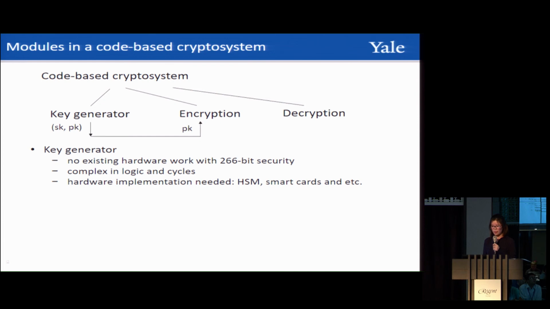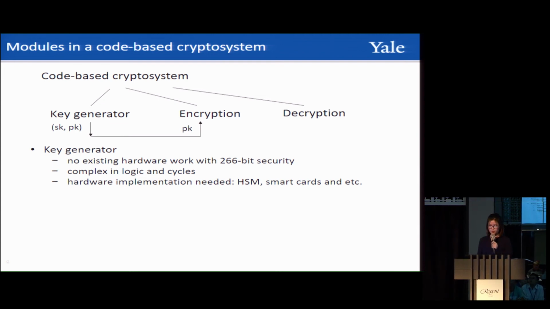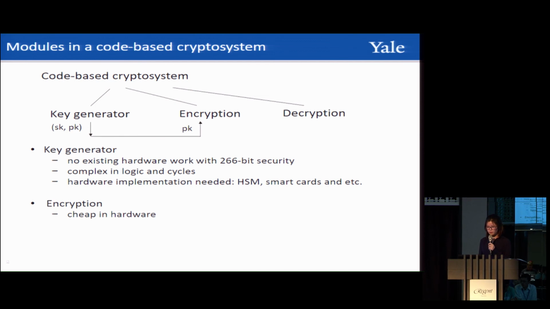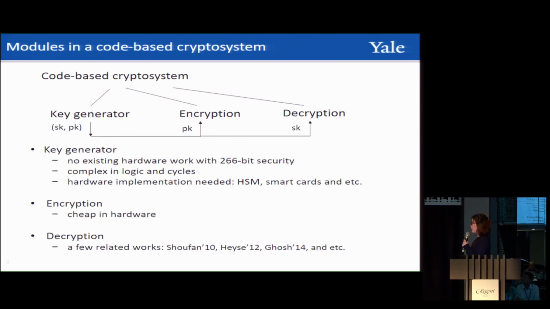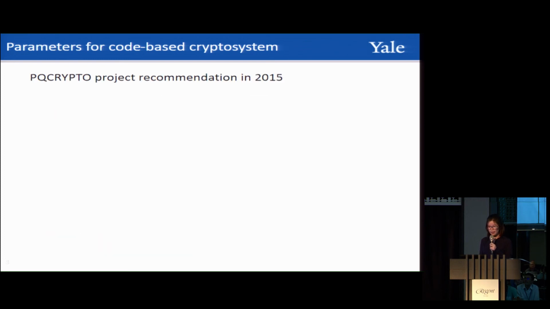It can basically be mapped to a matrix-vector multiplication, which can be done by a bunch of XOR operations, which is very cheap in hardware. The decryption part is more interesting, and that's why quite a few works have been done on both encryption and decryption. Therefore, in our work, we are targeting an efficient key generator for the code-based cryptosystem.